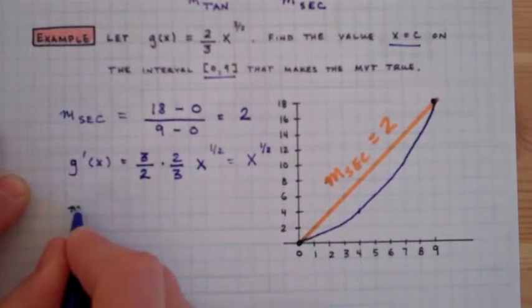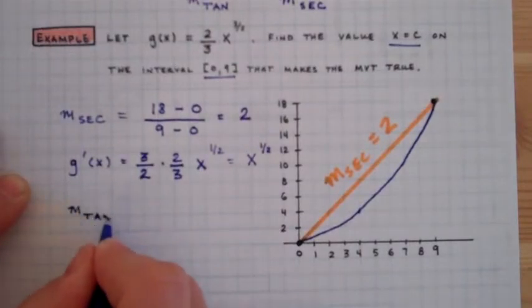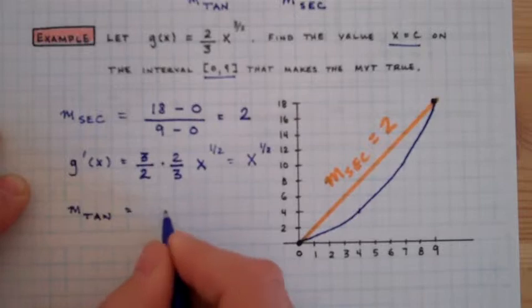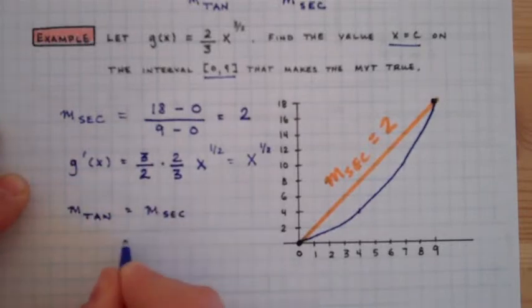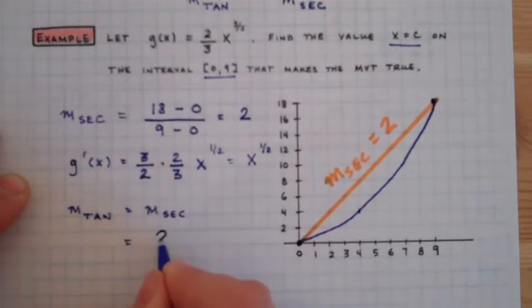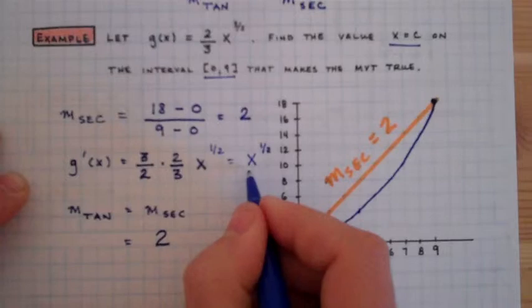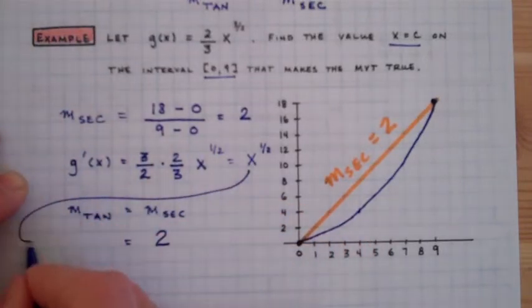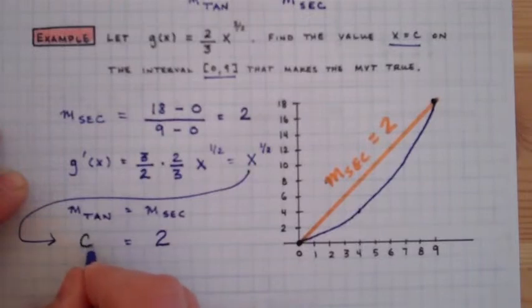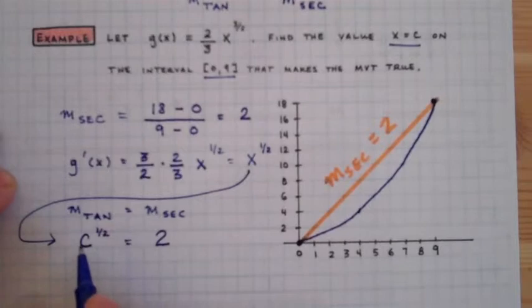So, since we want the slope of the tangent to be the same as the slope of the secant, and we know that the slope of the secant is 2, and we know that the slope of the tangent is just the value to the 1/2 power, I'm going to call it c to the 1/2 because we're looking for a specific point now. c to the 1/2 equals 2.